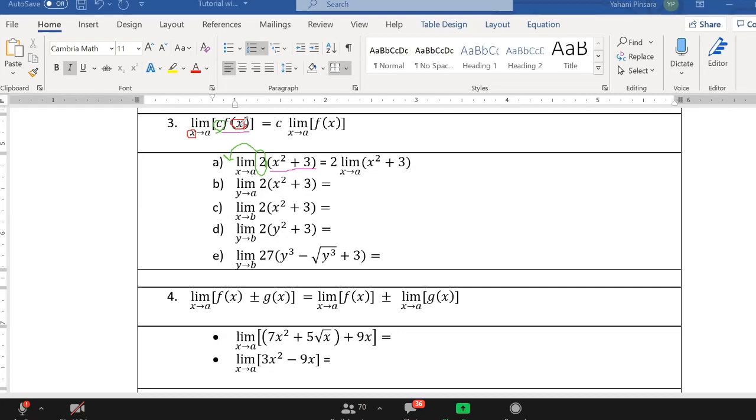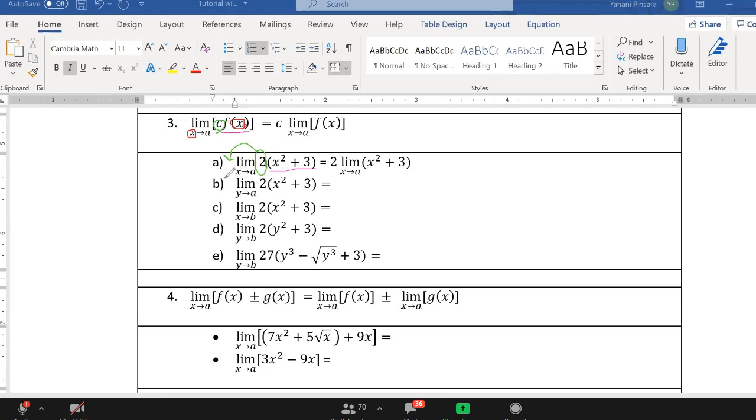So how to conclude this f(x) and the function in front of the limit is a function of the variable of the limit. You have to see whether x is embedded in the function in front of the limit, right? So this is the function in front of the limit. So the variable of the limit is embedded in this function, right?